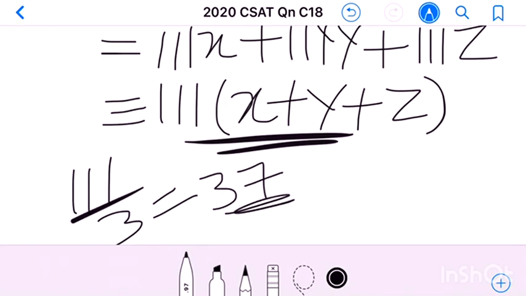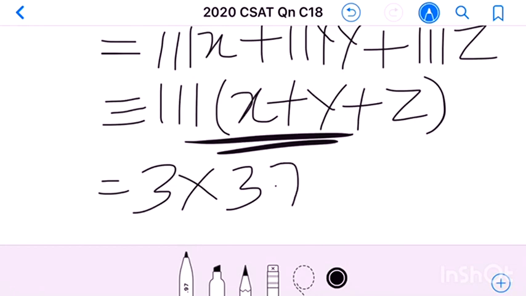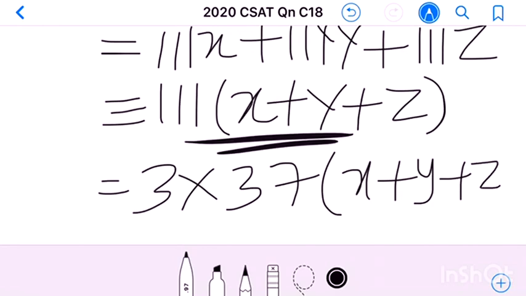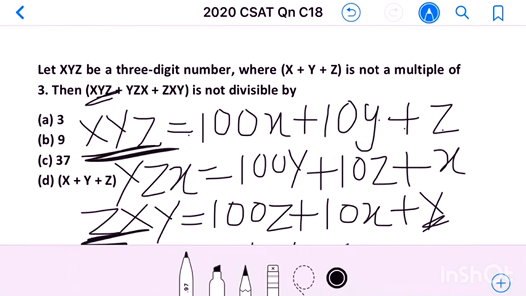So 111 we can write as 3 into 37, into x plus y plus z. So this sum is divisible by 3, divisible by 37, and also divisible by x plus y plus z. So the question was which it is not divisible by, so our answer is B.